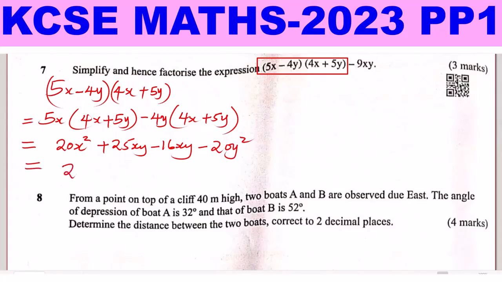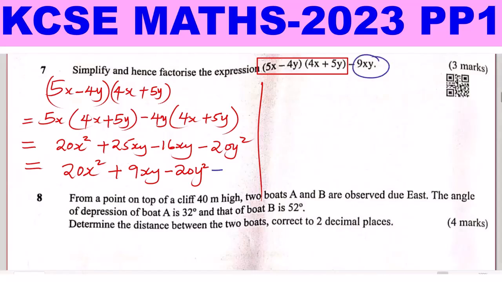Collecting like terms, you have 20x squared, 25xy subtract 16xy, this will give 9xy minus 20y squared. So that is the expansion. Then the whole of this you must subtract to have here 9xy.